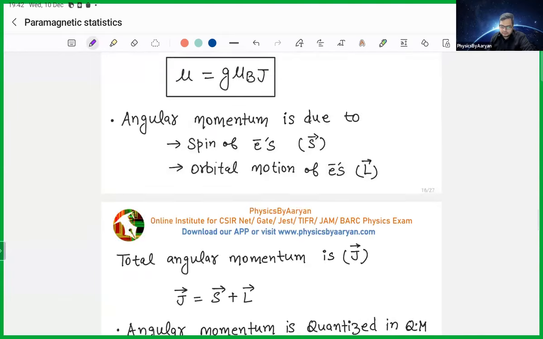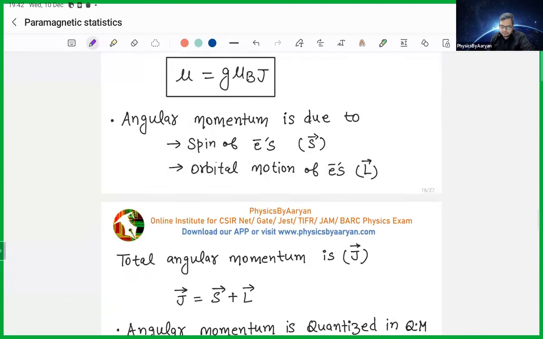Okay? And then once these three things are done, I will provide you one note in which we have basic questions of canonical ensemble. There are 2-level systems, 3-level systems, and even if you don't want to look at that PDF, I will put the PDF of the last 5 papers. In the last 5 papers, what are the questions which are asked from canonical ensemble? Just do those 5 papers.